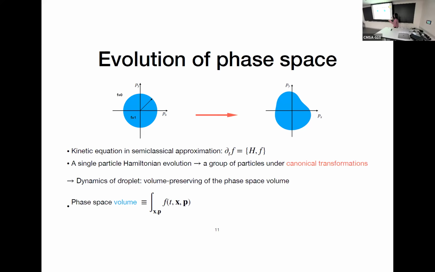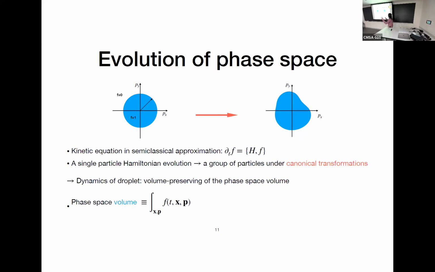And how to think about this? If we think about one single particle living in phase space, we know the time evolution of this single particle is described by some Hamiltonian evolution. So this system can be thought of as a group of particles.